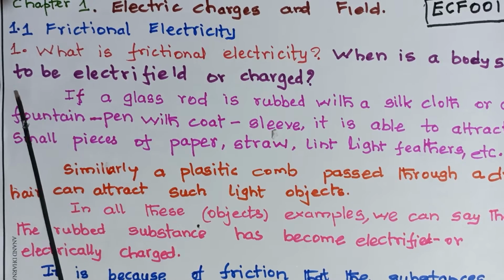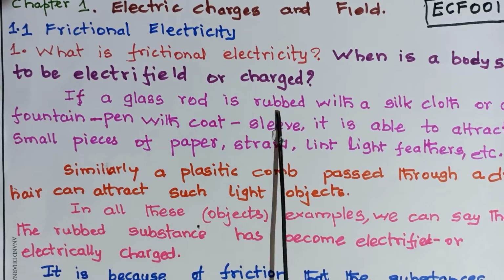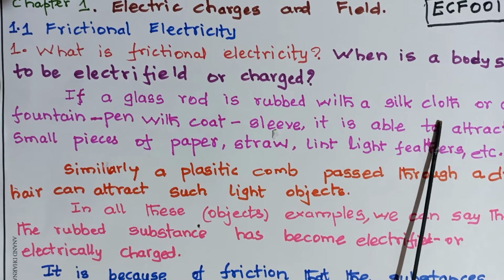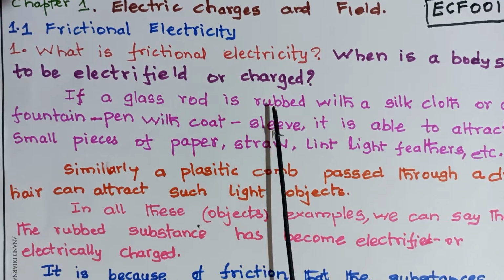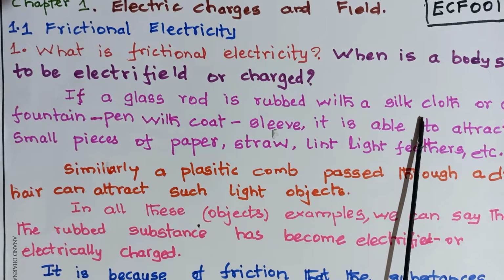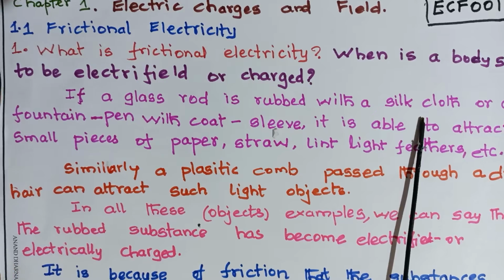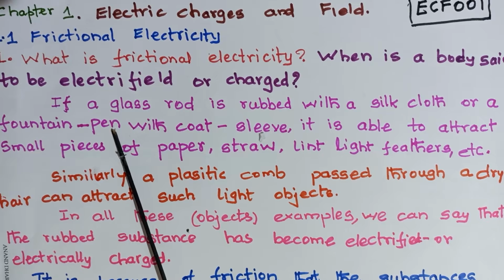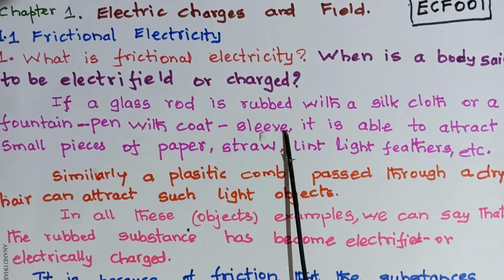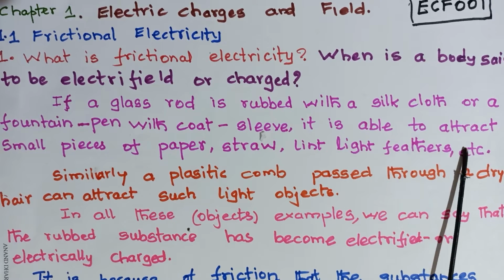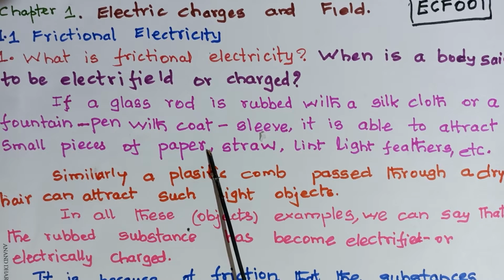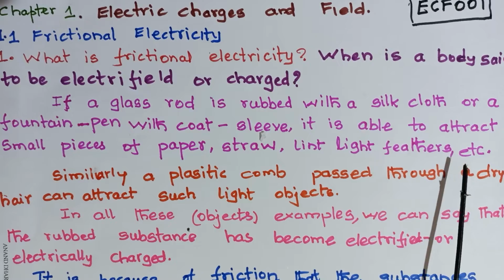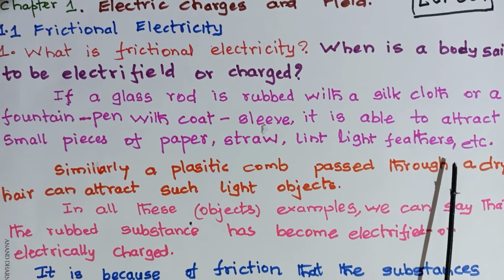See here, if a glass rod is rubbed with a silk cloth, take a glass rod, take a silk cloth and rub the glass rod with the silk cloth, or a fountain pen with a coat sleeve, it is able to attract small pieces of paper, straw, lint, light feathers, etc. So already I told that there is one attractive force developed.